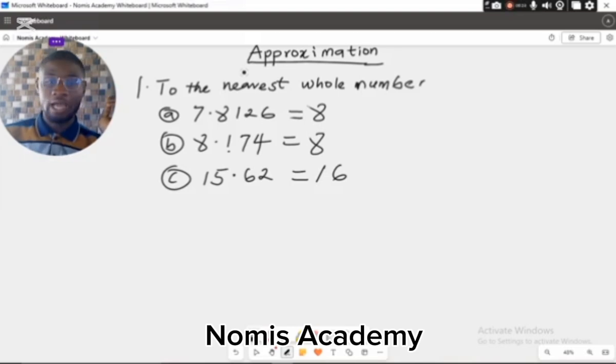So let's take another one, part 2. This is saying to approximate to 3 significant figures.